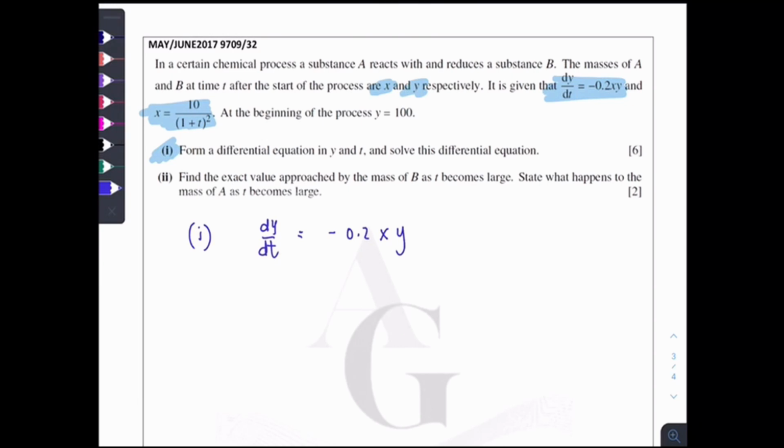It's impossible to solve. That's why in the question they ask you to form a differential equation in terms of y and t only. So what to do here, we just need to substitute this x into here.